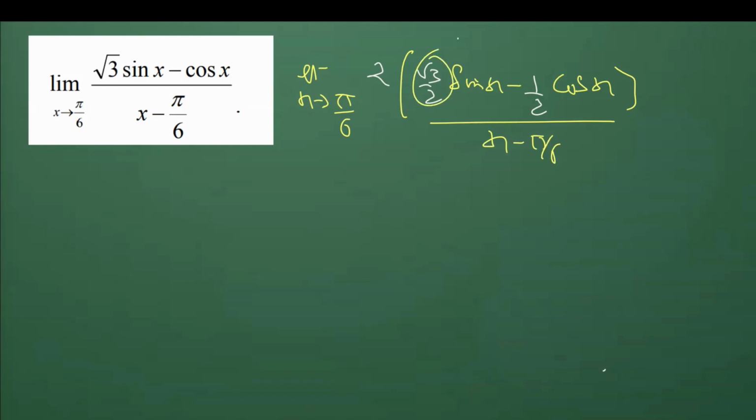Now check what we can write. Root 3 by 2, I can write this as cos pi by 6 and this half as sine pi by 6.